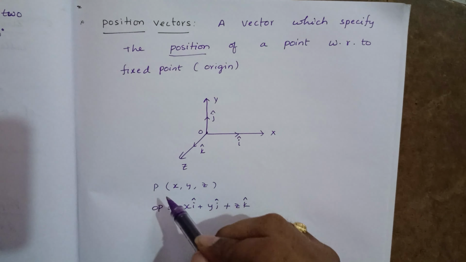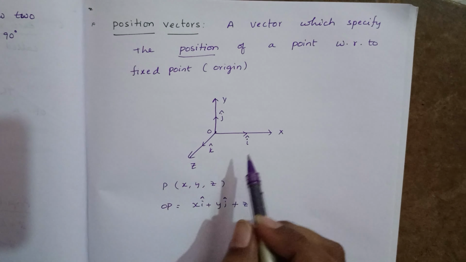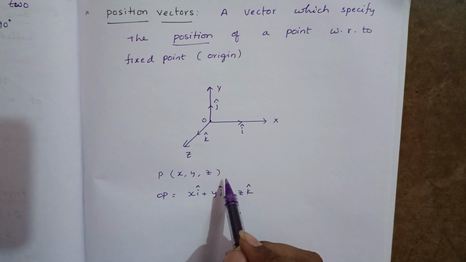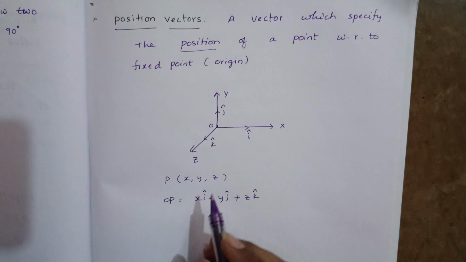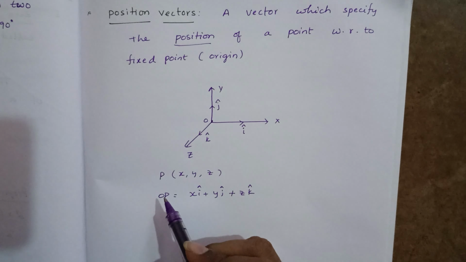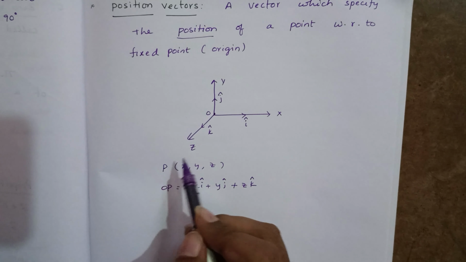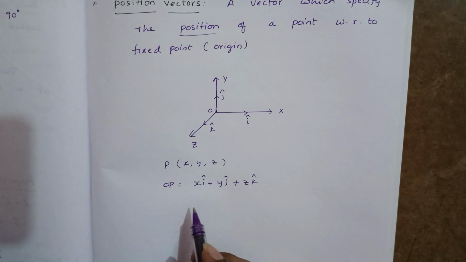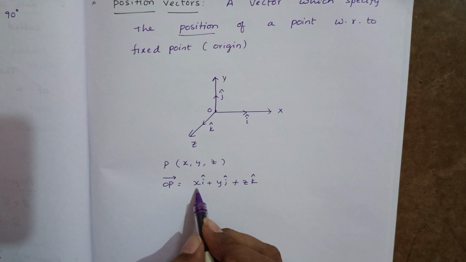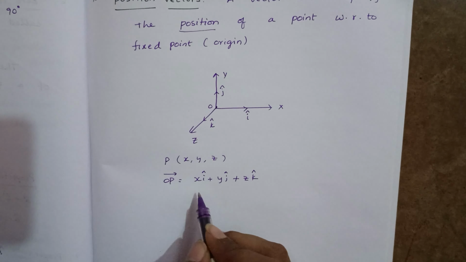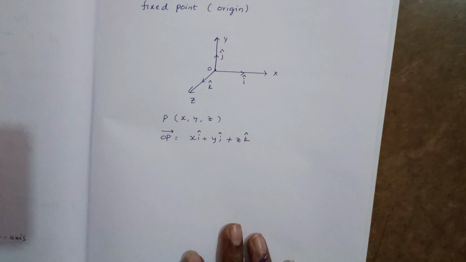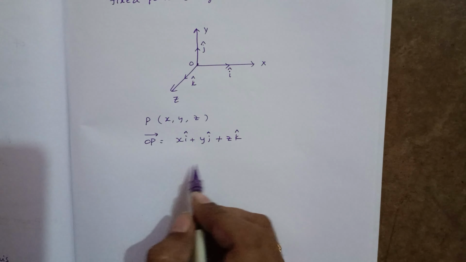If you take any point P on the coordinate system x, y, z, its position with respect to origin O is the vector OP equal to x i cap plus y j cap plus z k cap. This is the position vector.